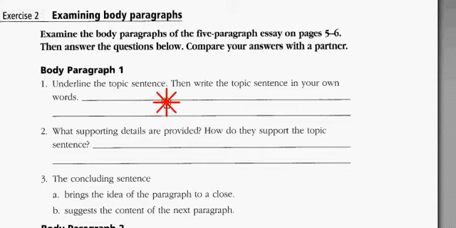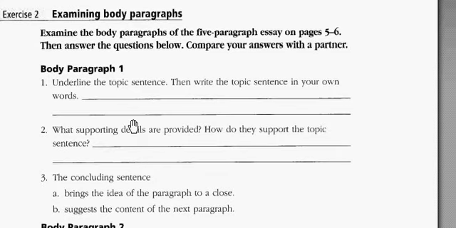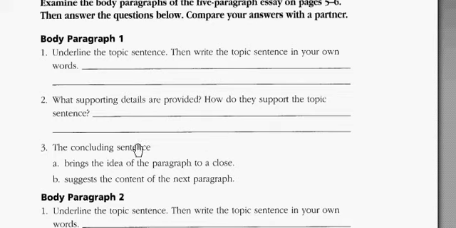What's the topic sentence? Write it here. What supporting details directly connect to that topic sentence, and how do they support it and explain it and develop it? And then there's two choices for the concluding sentence.